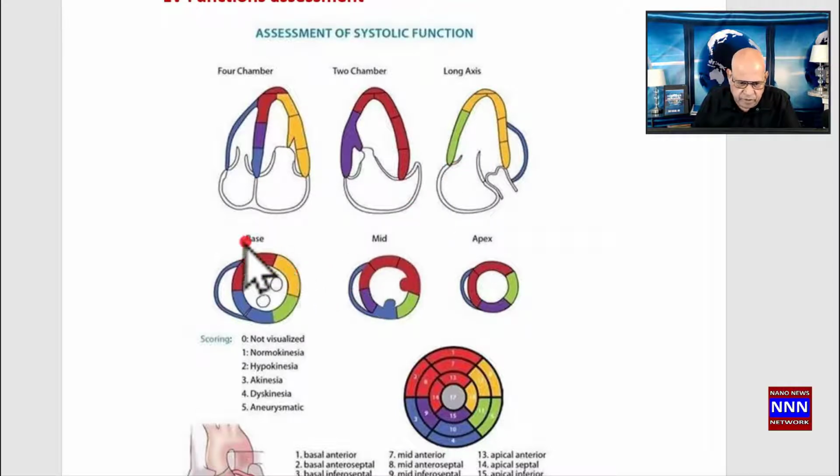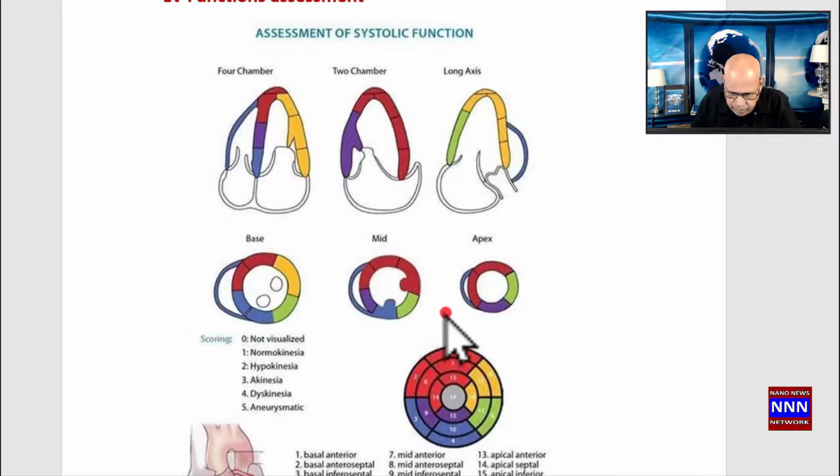If we put this picture together, as we can see, the septum is represented here and the lateral wall is represented here, the cross section of the ventricle. Then we have the inferior wall and the infralateral wall here. When these segments are taken from the apex all the way to the base, they are divided into 4 segments, and they become like a donut, going all the way from the apex and superimposing each one of these segments.